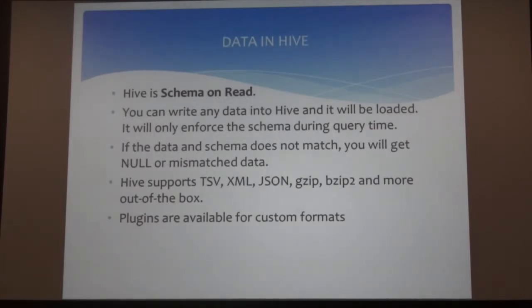So out of the box, Hive supports TSVs and XMLs, JSON, GZIPs, and many other different file formats. So if you want to write your own file format, there are plugins and hooks given inside Hive, which help you dump whatever you want into Hive and read it in the way that makes sense to you.